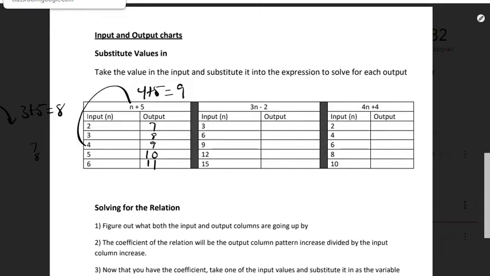Same thing here. Let's throw 3 into that equation. So what is 3 times 3? That's 9 minus 2 is 7. All right, let's try that with 6.